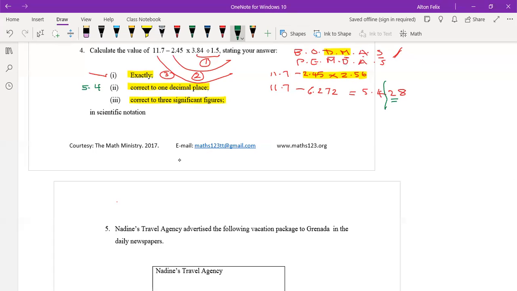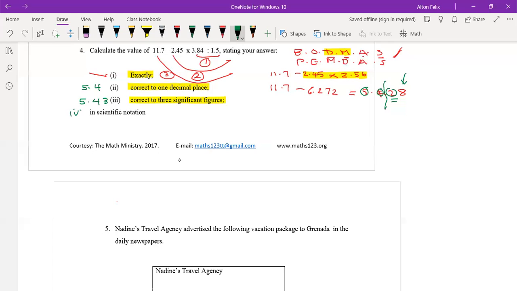3 significant figures, let's count. 1, 2, 3. And then, of course, we examine this one. It's 5 or more, greater than 5. So therefore, you'll add 1 to this, so this answer becomes 5.43. And then this one wants us to write the answer in scientific notation. That's part 4 here.